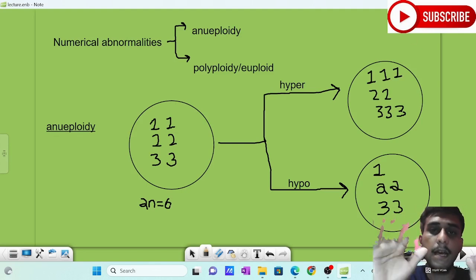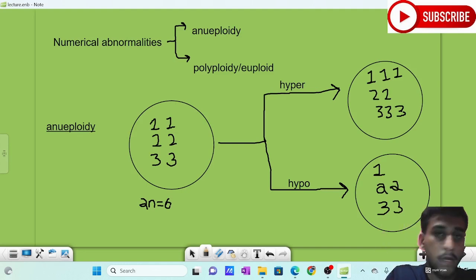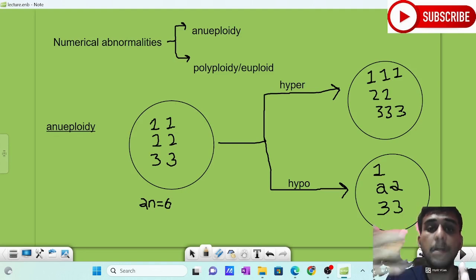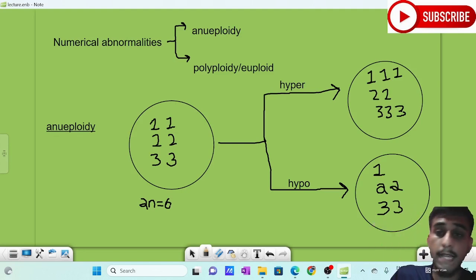You understand? The chromosomes are not the same. This is an example of double trisomy, 2n plus 1 plus 1. So the organism will have 48 chromosomes.